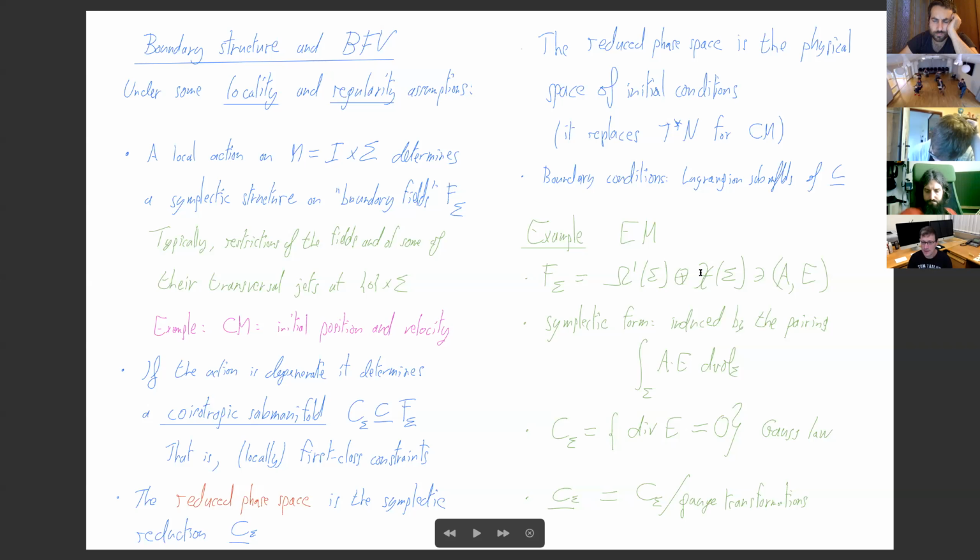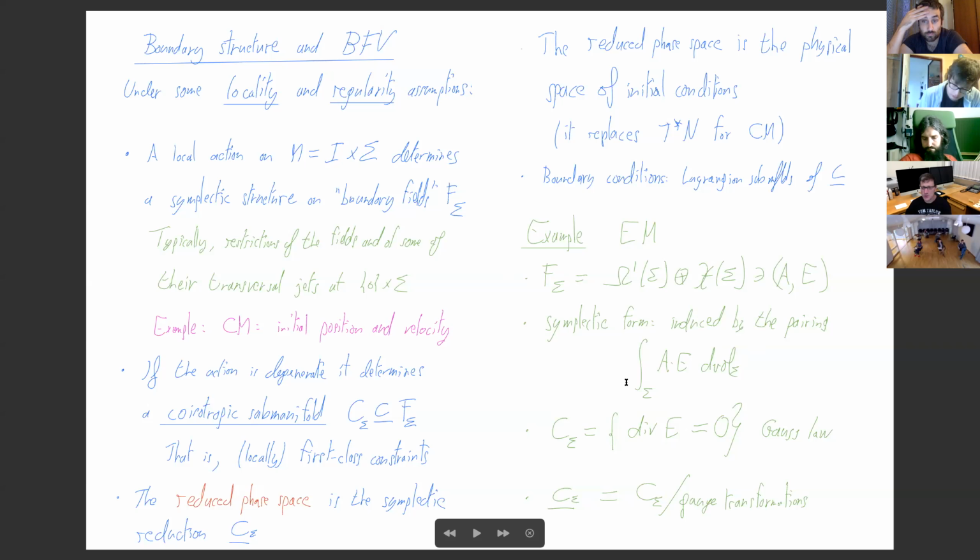I think of them as a vector field on the boundary manifold sigma, and as a one form on sigma. Okay, so these are the two fields. And this space, one form plus vector fields, is actually a symplectic manifold if you have a volume form on sigma, for example, the volume form coming from some metric structure. You have some background pseudo-Riemannian metric in electromagnetism.